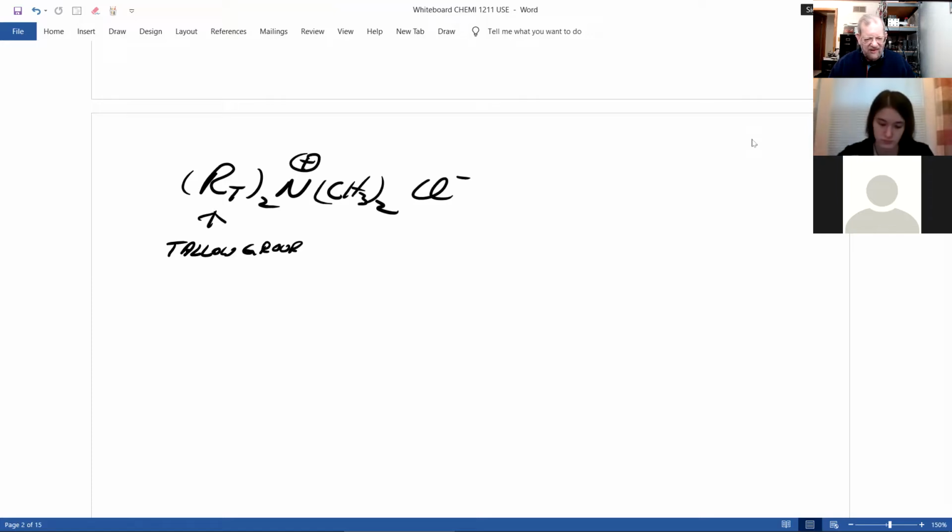I use this tallow group. And I'll teach you later on that that's our group that has either 16 or 18 carbons, and it can and cannot have a double bond. Tallow, I'll teach you where it comes from. Now, this molecule, which you should know, is called ditallow.